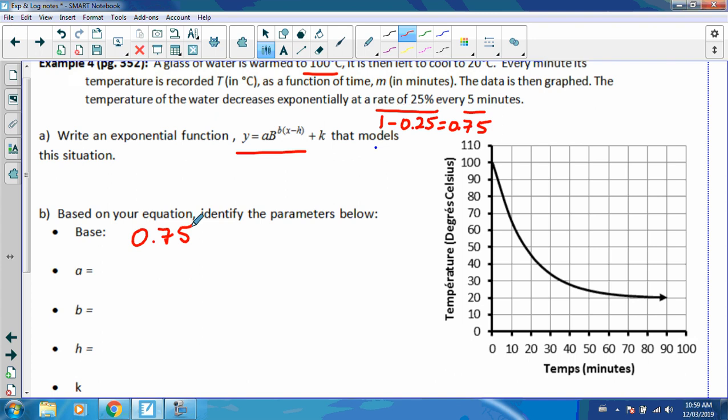Every 5 minutes. So my exponent is going to be m minutes over 5. So the b value is going to be 1/5, because it decreases every 5 minutes.